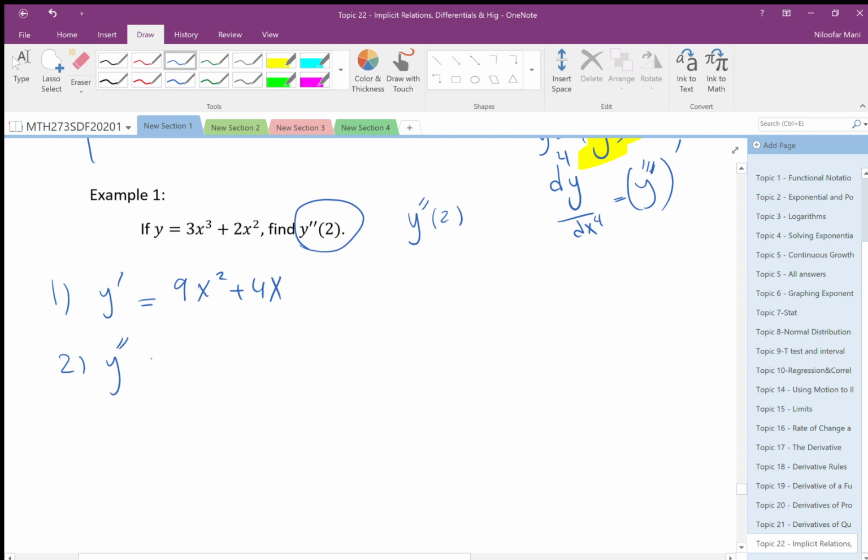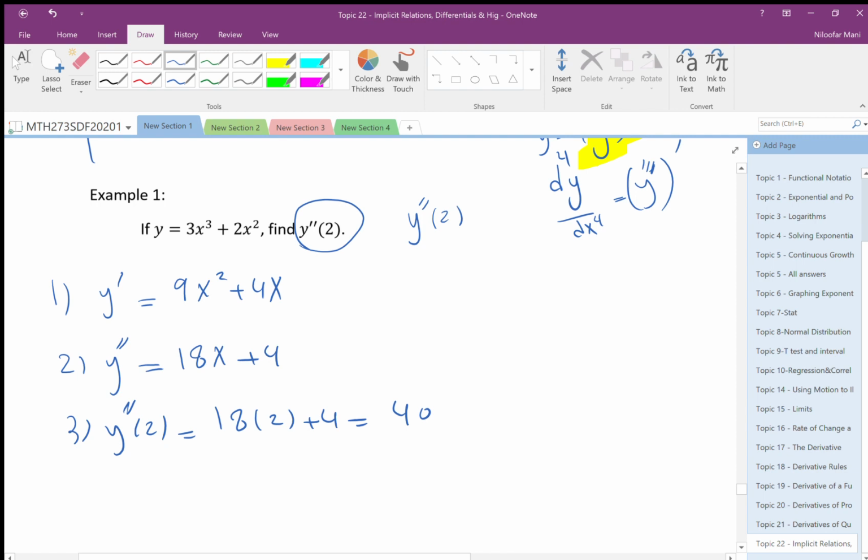Remember, don't substitute 2 in y prime, because I don't want that. I want double prime. I want the second derivative. So I have to continue to do derivative. So it's 18x plus 4, and then it's y double prime at 2, which is 18 times 2 plus 4, which is 40. Okay?